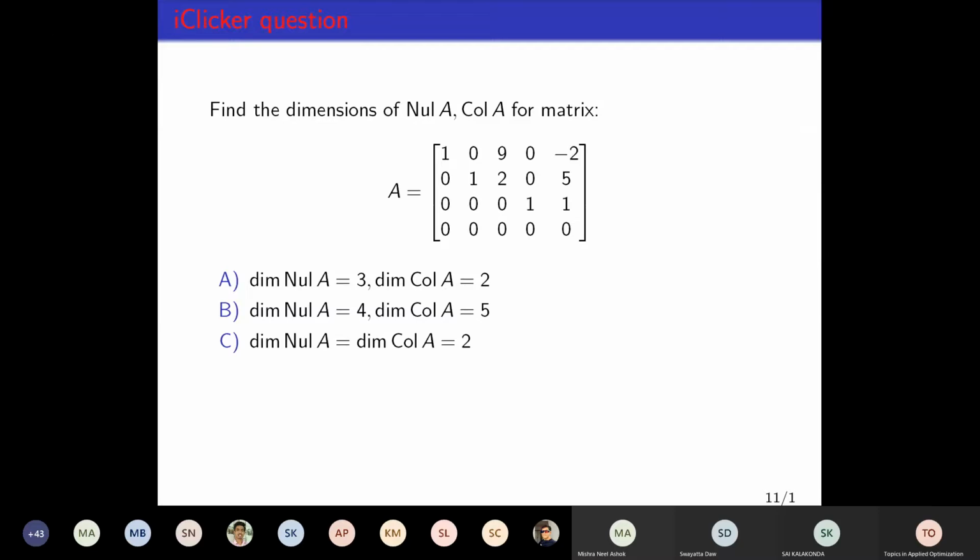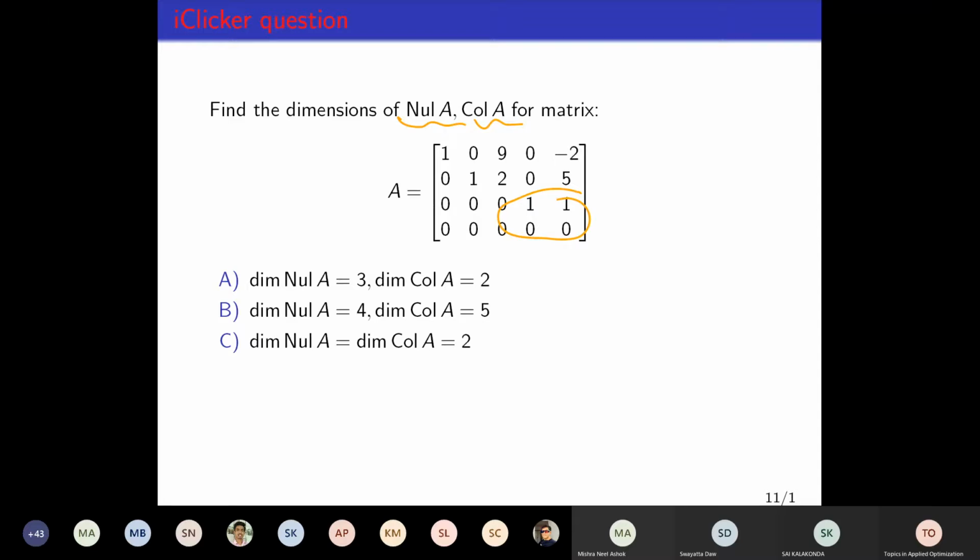And then there are these things. Now this is the question being asked here. What is the dimension of the null space of A? What is the dimension of the column space of A for this matrix? We have done this example before. We had these two parameters, the free variables.